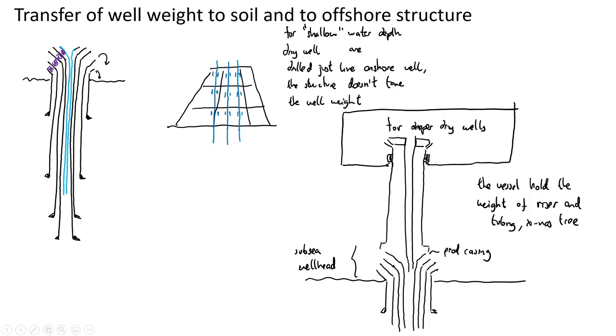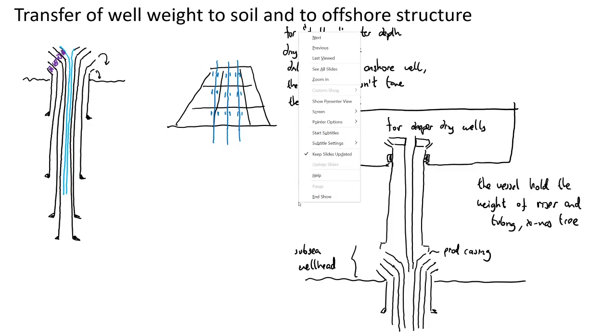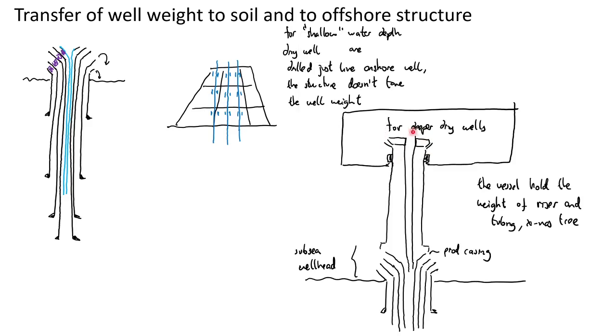Okay, so this is the approach when you want to have dry Christmas trees, because let's say you need to have frequent intervention, you need to have a pump, or you need to have access to the well. But if the water depth is too high, then it won't be possible. You cannot make this arrangement.